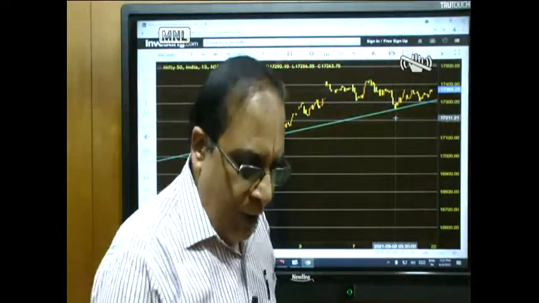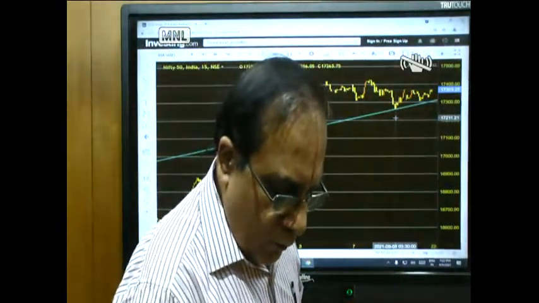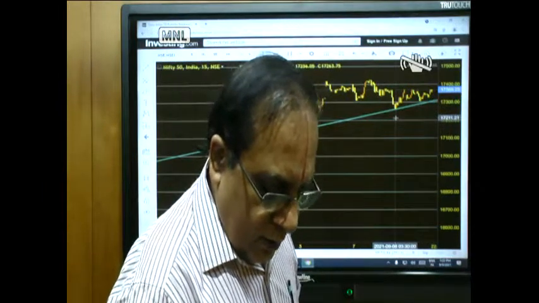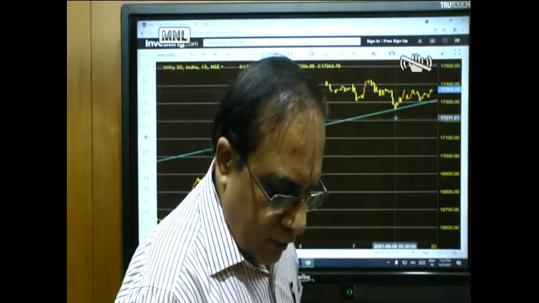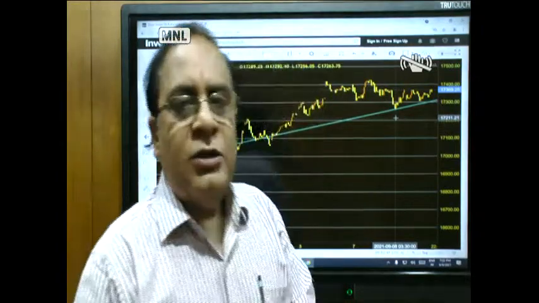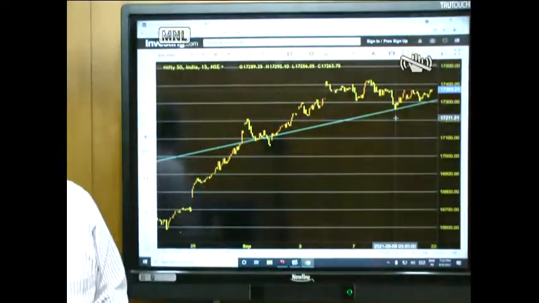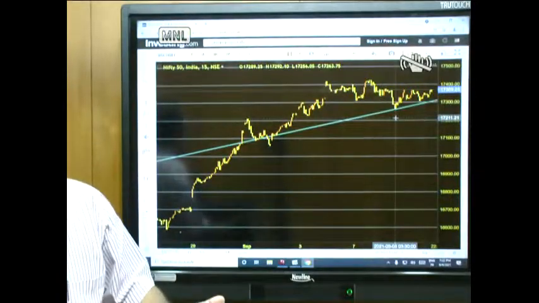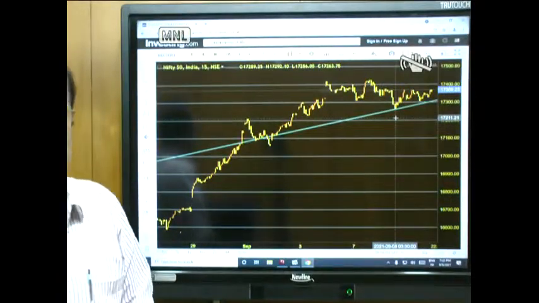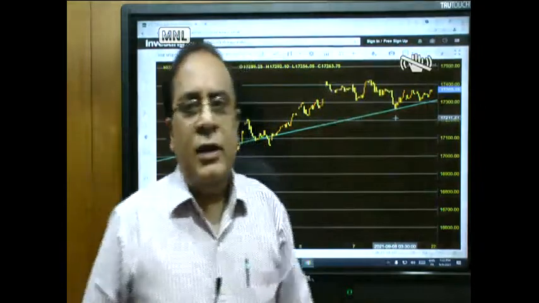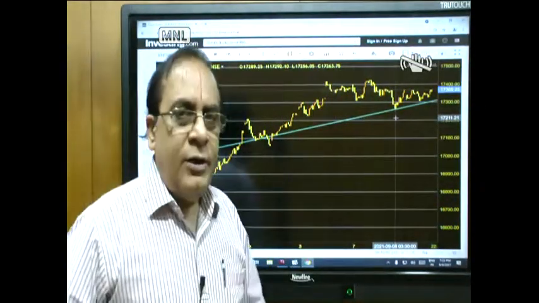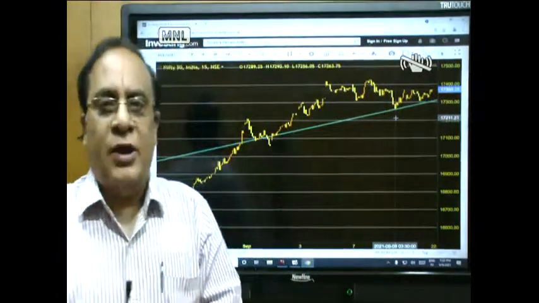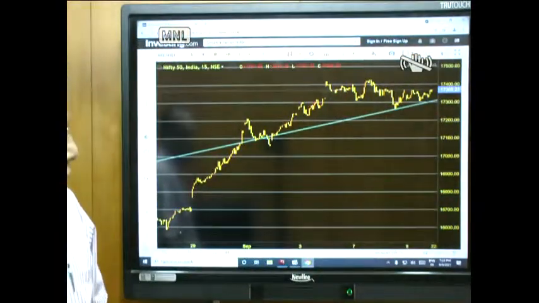So 377 into 0.235 plus 17,055 was 17,343 or so. The moment it starts to rally above that place of 17,343, you can be fairly confident that you will be heading towards a higher side. So what is 377 into 0.386? Now we put it on the reverse side, the same place.